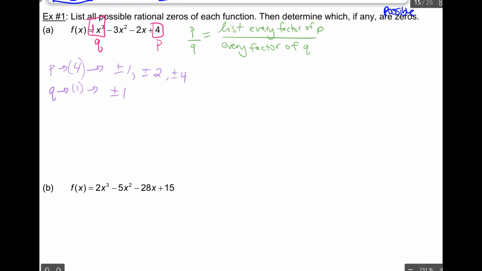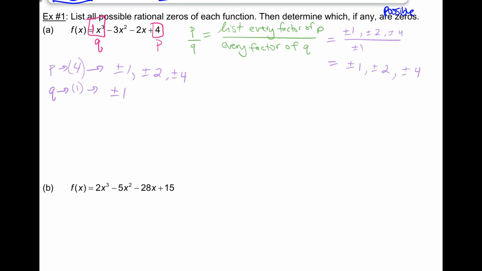So we have plus or minus 1, plus or minus 2, plus or minus 4, all over plus or minus 1. That equals plus or minus 1, plus or minus 2, and plus or minus 4.